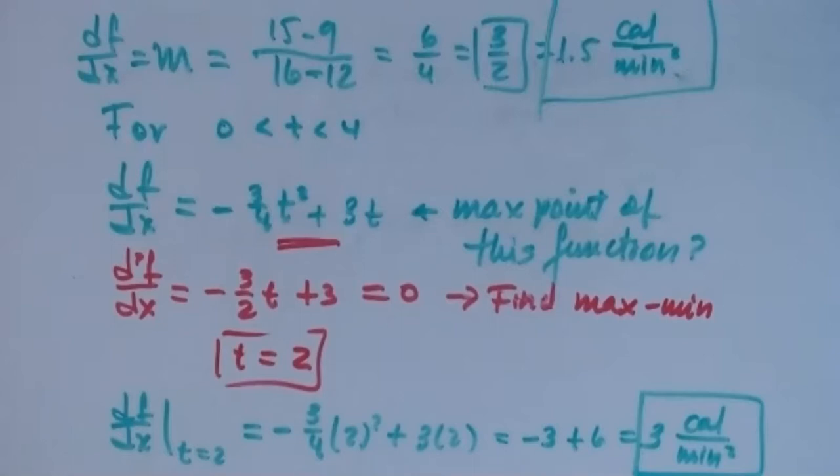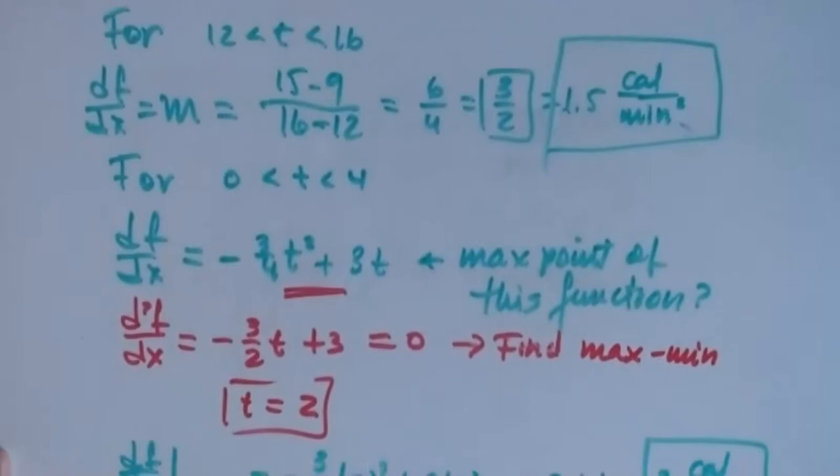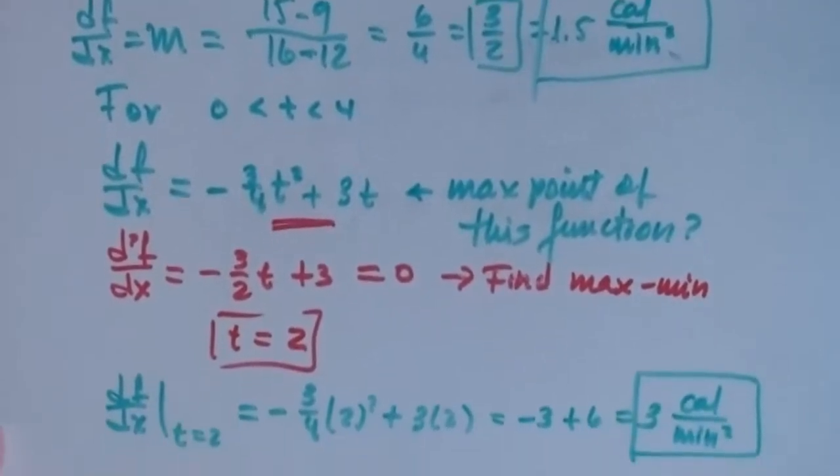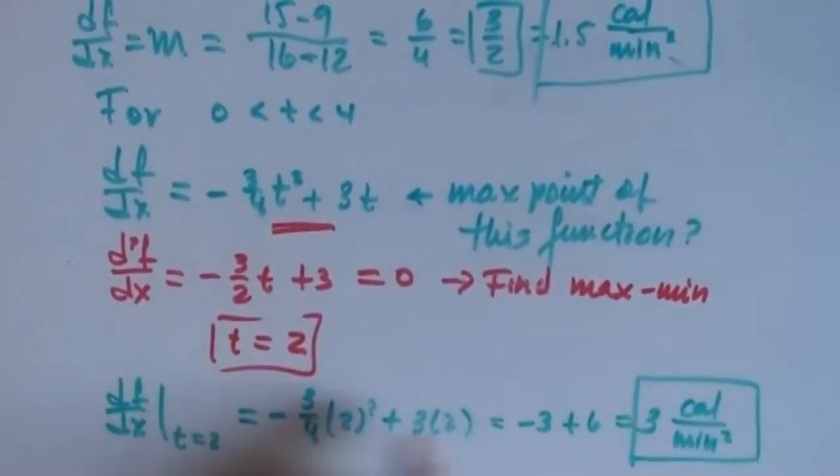So in between 12 and 16, the rate of change is constant, 1.5. And between 0 and 4, at t equals 2, you have 3.